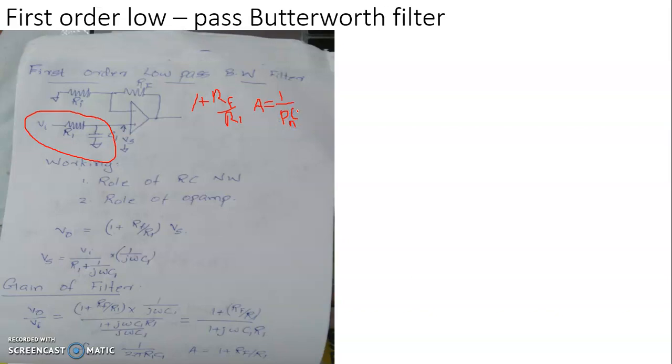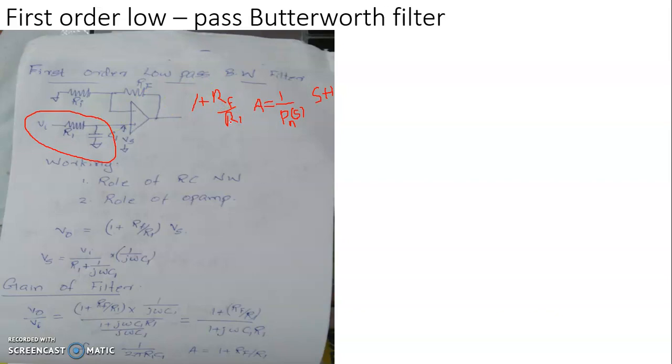Its general expression for this is midband gain A is equal to 1 by Pn of S, where Pn is the Butterworth polynomial of nth order. The Butterworth polynomial of first order is S plus 1. The coefficient of S is 1 here, where S is j omega. Since the coefficient is 1 here, the gain can be any value. So you can have a first order Butterworth filter having any midband gain as fixed using this ratio Rf and R1.